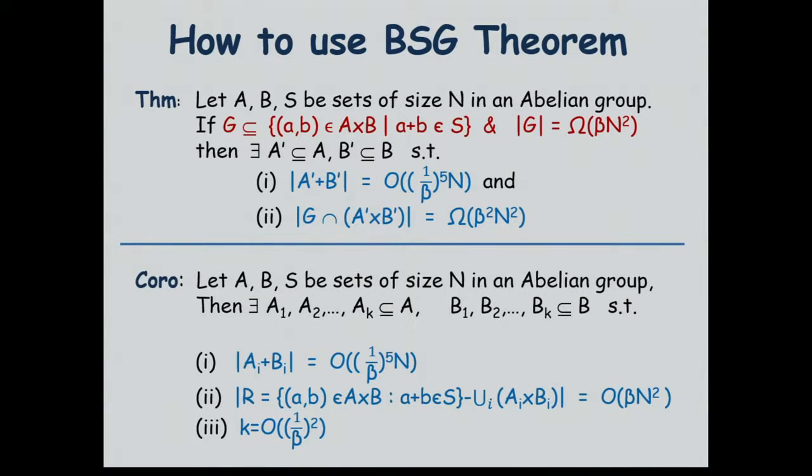The first thing that we do is we take the theorem and we use it over and over again to sort of peel off the elements. What we really want to do is we take this set G, which is this special subset, and we really want to cover G in some sense.